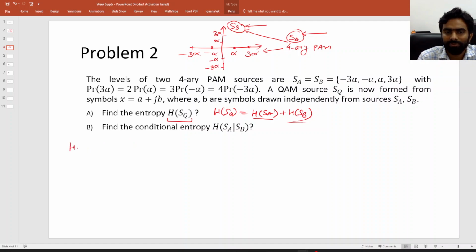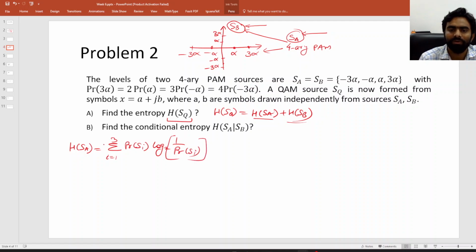I'm writing H of SA. What is the entropy of source SA? It is summation of i equal to 1 to 4 of probability of s_i log 2 of 1 by probability of s_i. Clear?